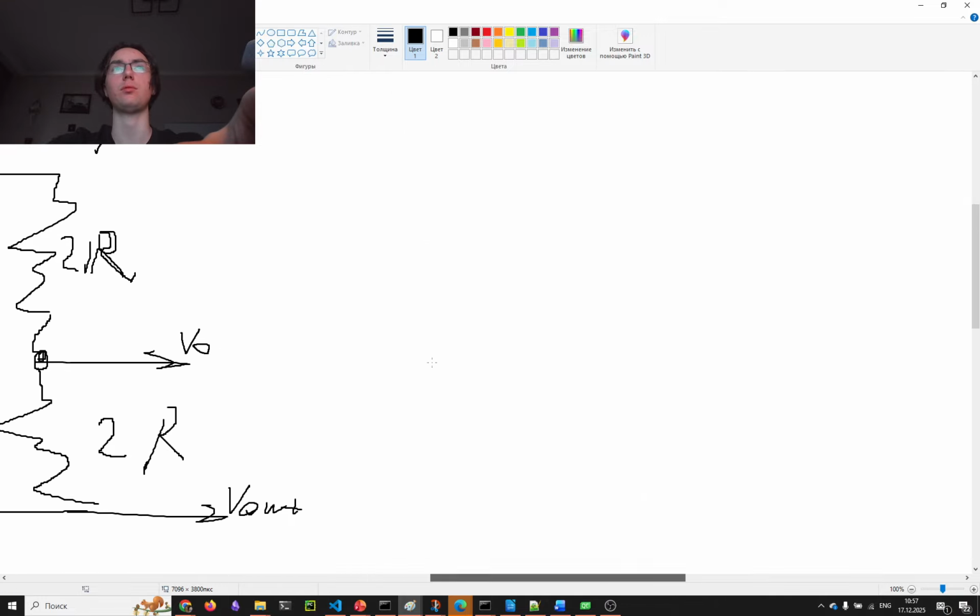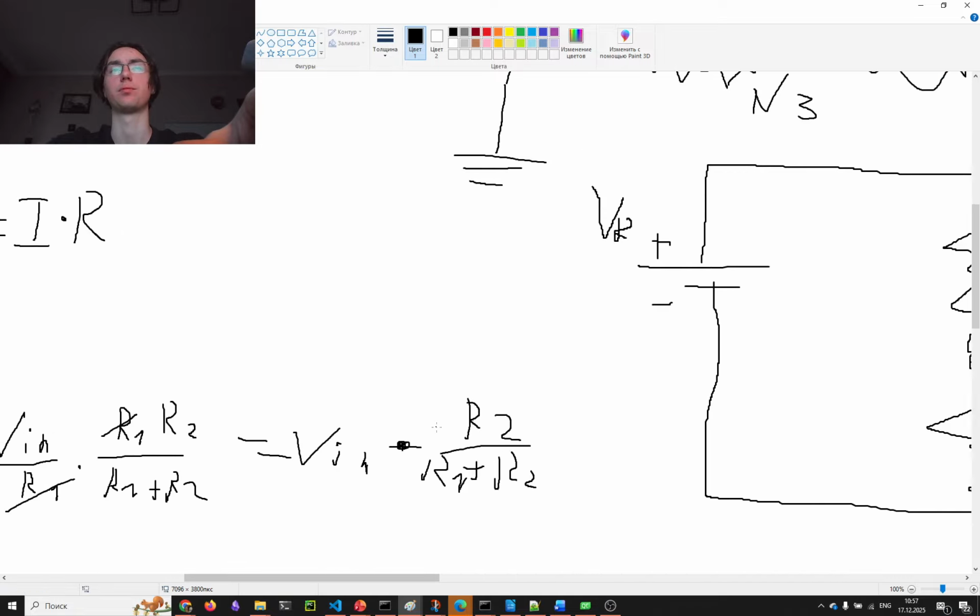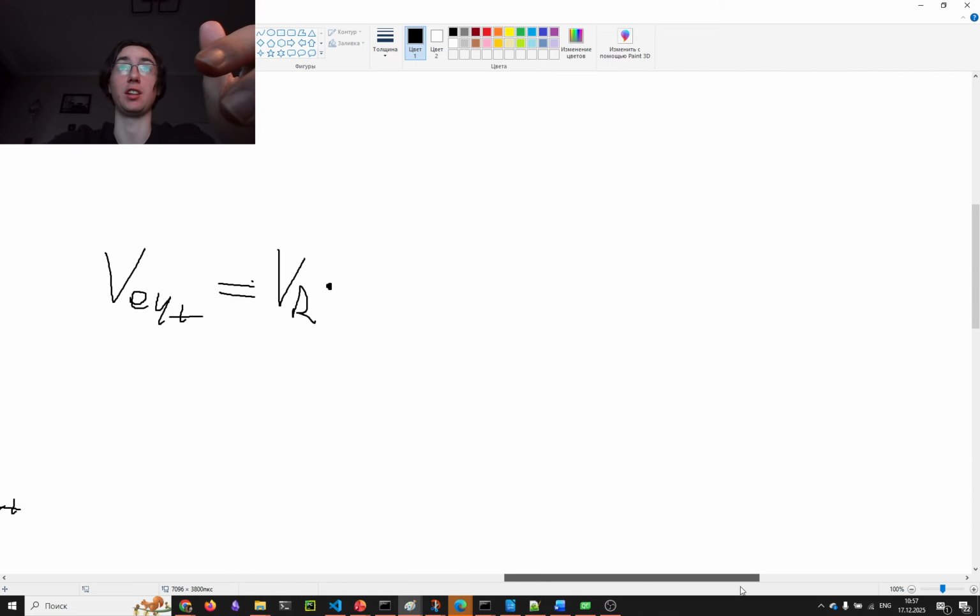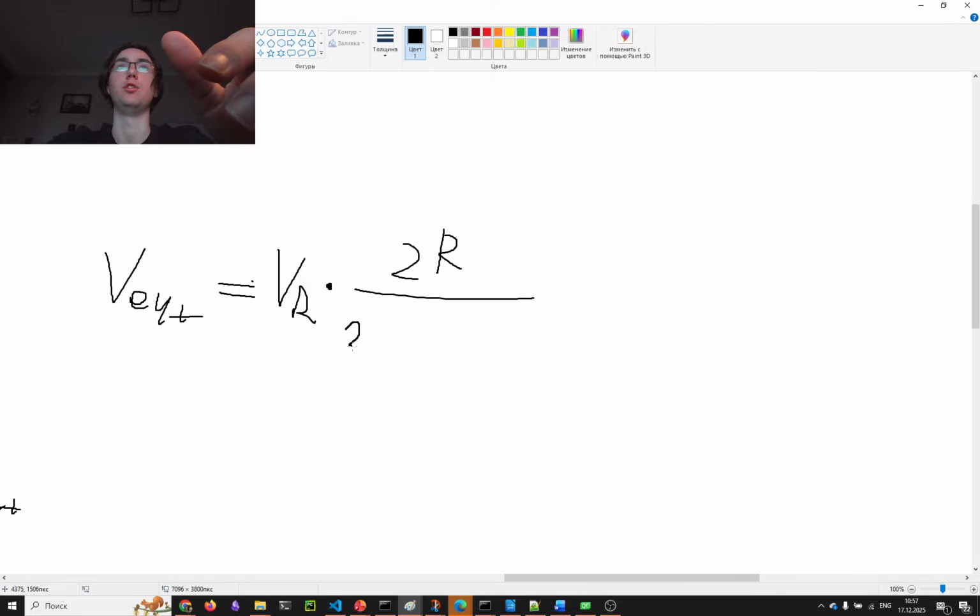So following the formula, we'll have the V input, and the V input is basically the V reference, and as for the resistors, we'll get the 2R here, 2R here, 2R here, because they are basically equal.